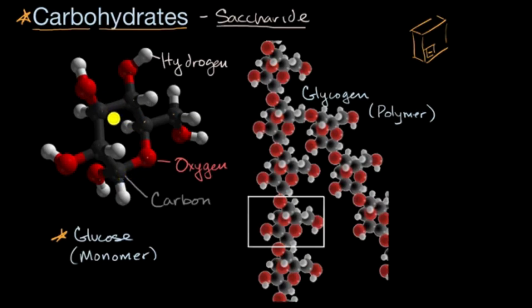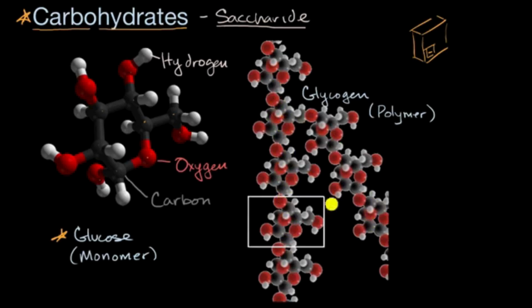Now, what's interesting about something like glucose is glucose can be a standalone molecule, a very simple sugar in this case, or you can build up larger molecules with really glucose as a building block. So for example, right over here, we have a part of a glycogen molecule. And as you can see, it's just a repeating sequence of glucose molecules.